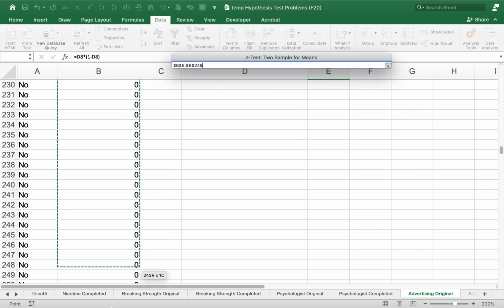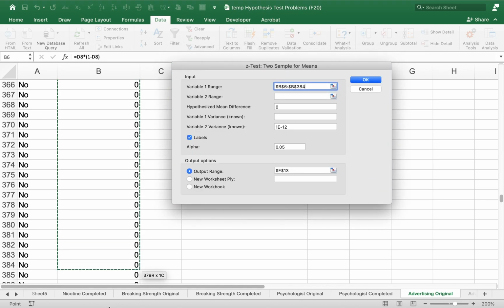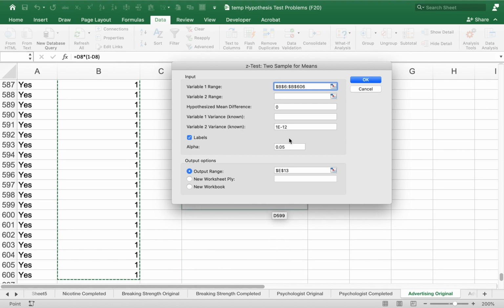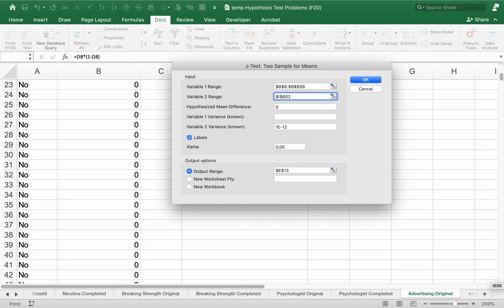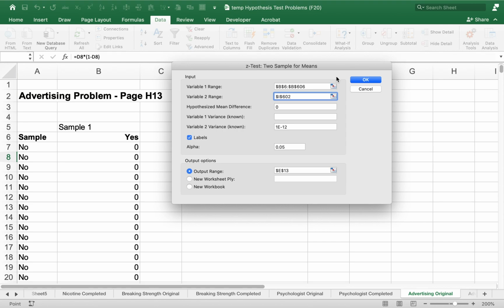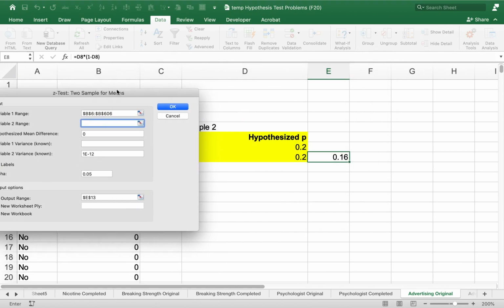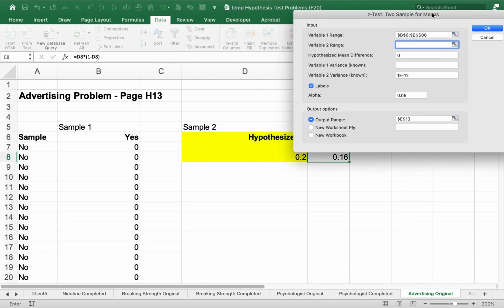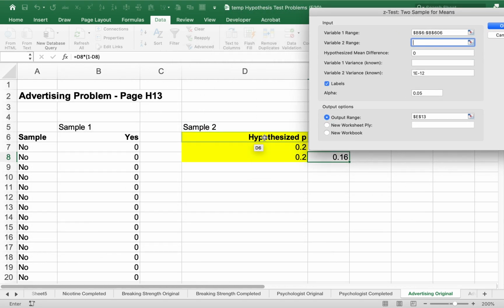Right? 1 means yes, and 0 means no. I'm going to go all the way down, using a shortcut here. The variable 2 range, as usual, are those 3 cells right here, as before.